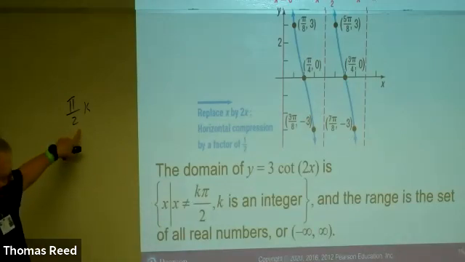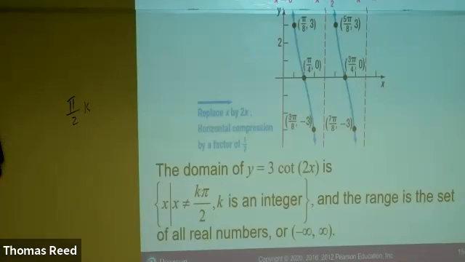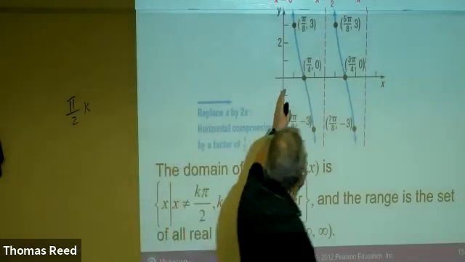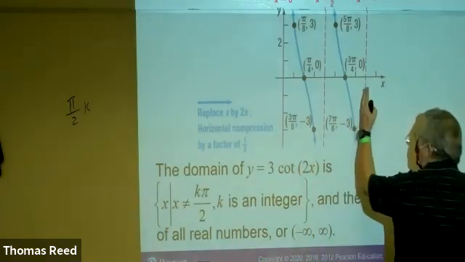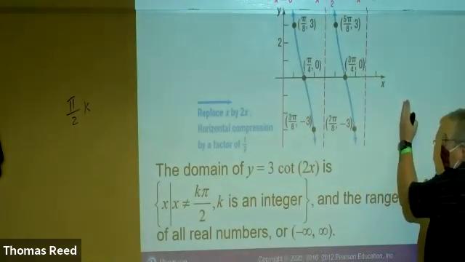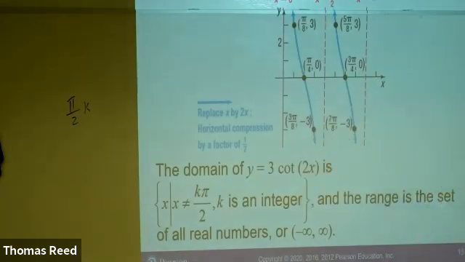And again I would write it this way. Because when k is 0, then this is not in it, and then when k is 1, and when k is 2, and when k is 3, you get 3/2 pi, and then the negative as well. And the range stays all real numbers.